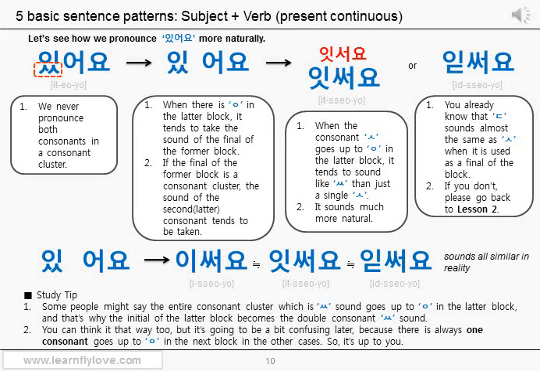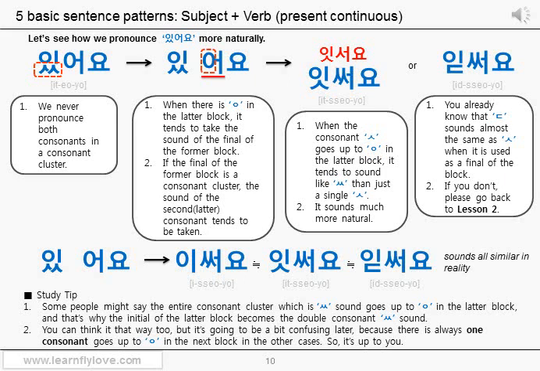If you read this part as it is written, it will sound wrong, right? Then see what is about to happen on the right. When there is ㅇ, the rounded empty consonant in the initial of the letter block, it takes the sound of the final of the former block all the time in Hangul. Do you understand what it means? Because this round thing, ㅇ consonant, does not contain any sound originally.